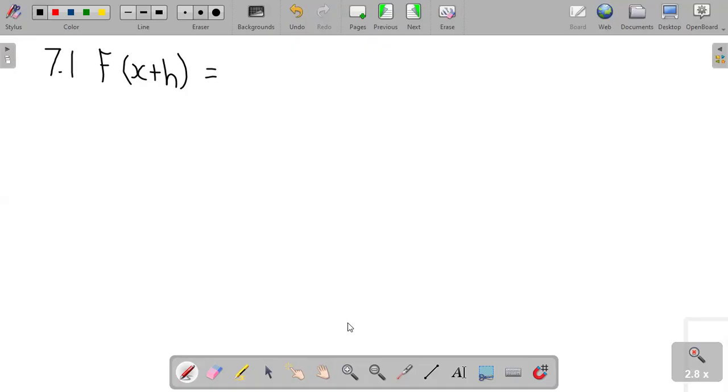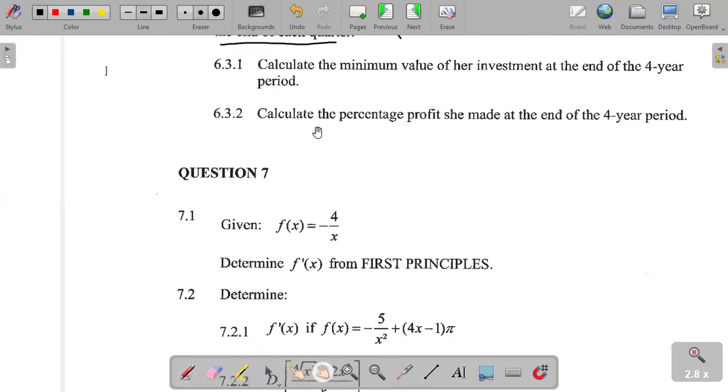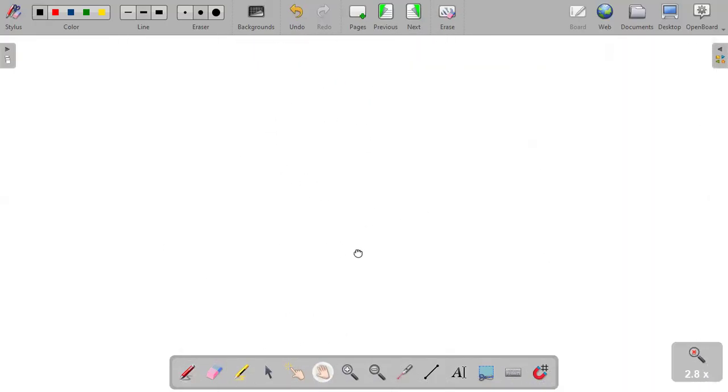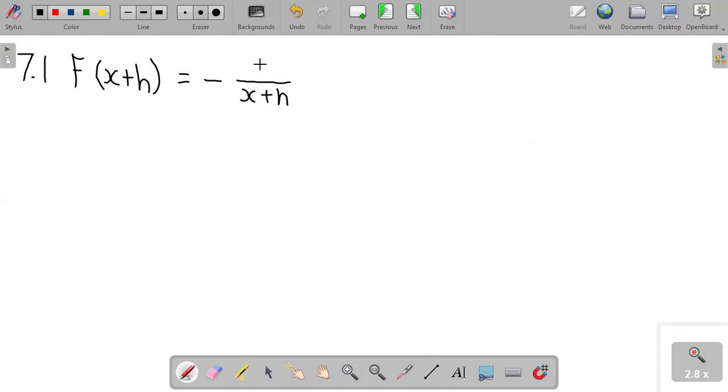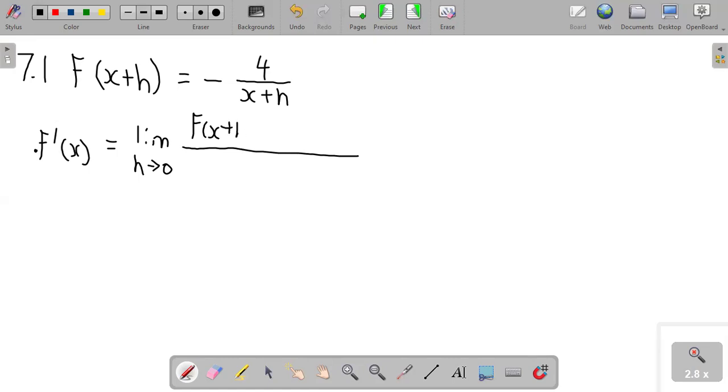And then now to get f prime of x, we have to calculate the limit as h approaches 0 of f of x plus h, and then minus f of x, and then all over h.